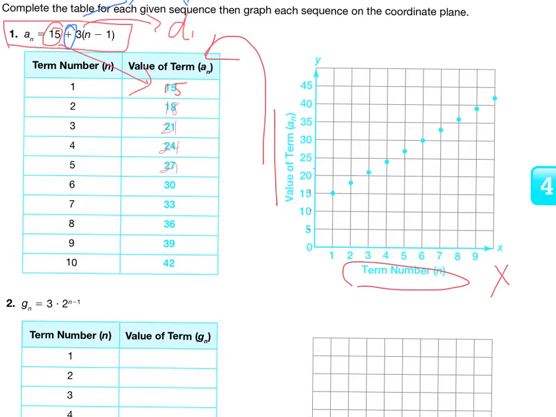So the first point is (1, 15), and then up 3 every single one. Notice how it's not connected. It's not a line. See if I can undo that. No, I guess not.